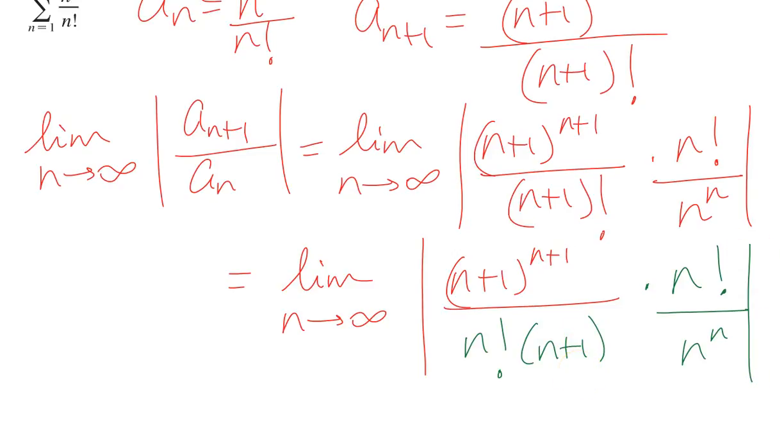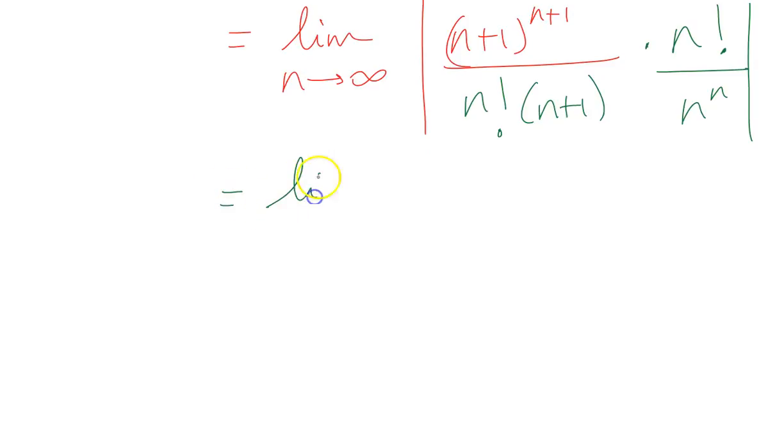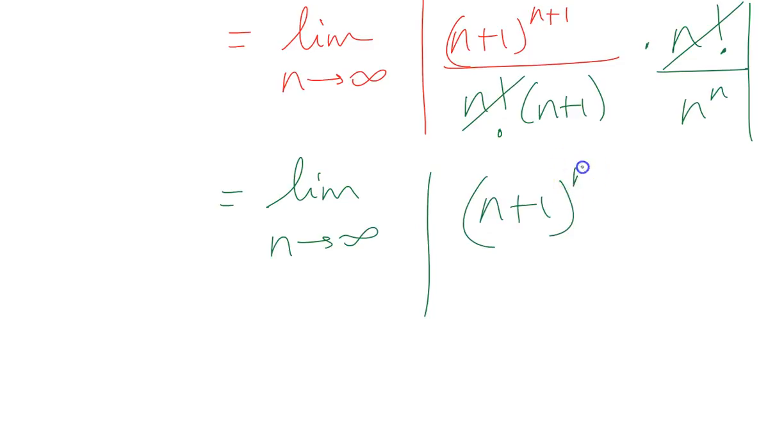It is important you rewrite it. So limit as n goes to infinity, the n factorials cancel. Now look, we have n plus 1 here, we have n plus 1 here. Its power is n plus 1, its power is 1. So when they cancel, you are going to have an n plus 1 raised to the power n.